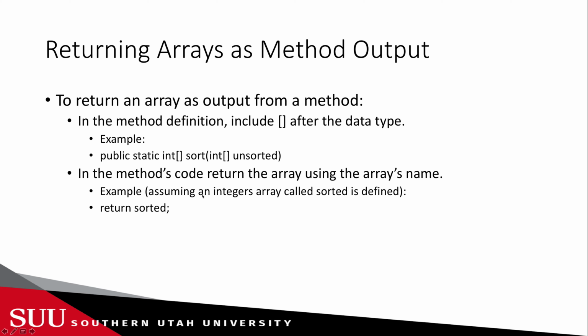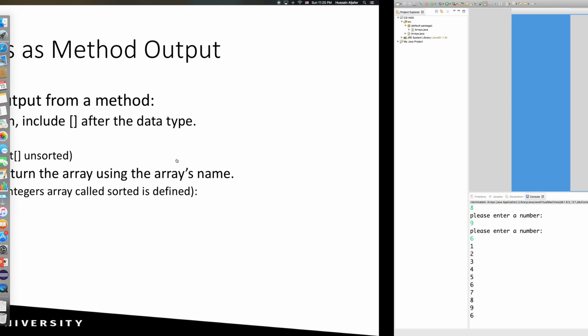Now, if I take out these square brackets, the method is going to expect to return just a single integer. And in the method's code, for return, we just specify the name of the array that we are going to return, again without these square brackets. So let's see an example of how to return an array.